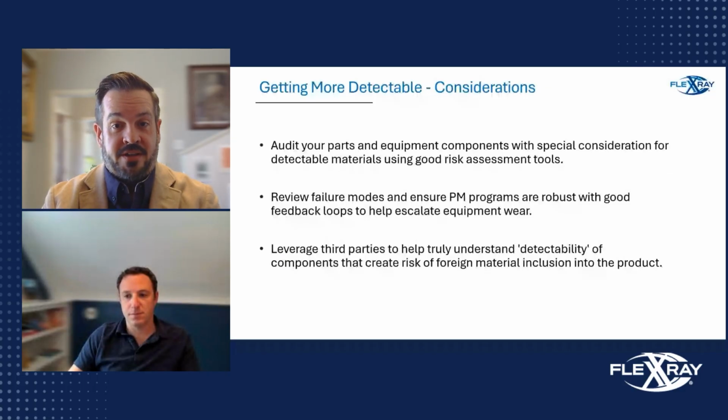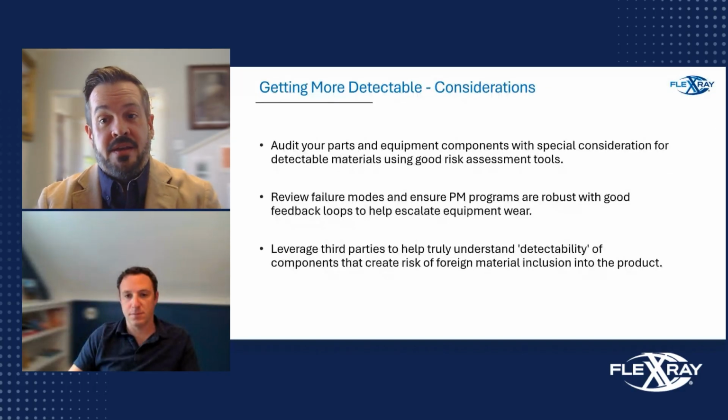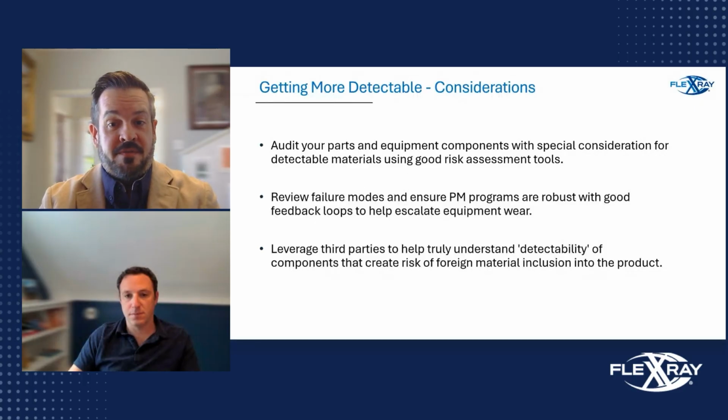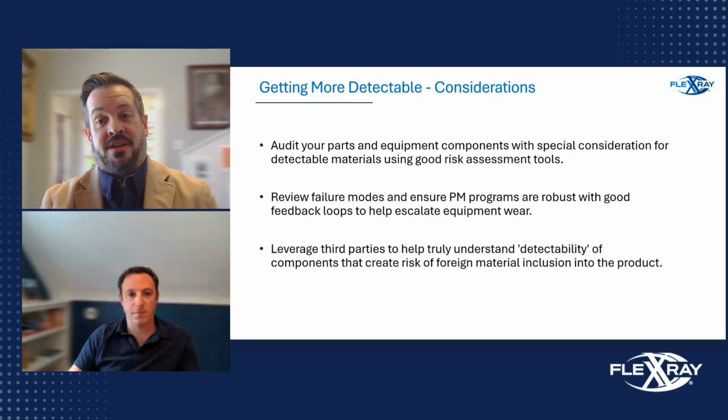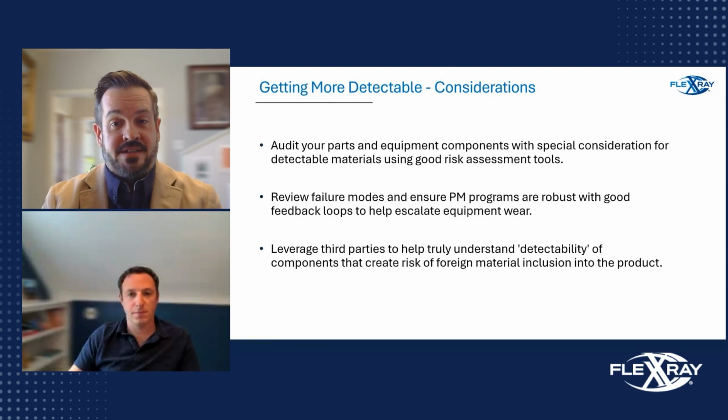Those types of things are extremely important. And then finally, I mentioned some of the X-ray detectable materials, and they're not always X-ray detectable at certain sizes or in certain materials. And we can help evaluate the actual detectability of those.